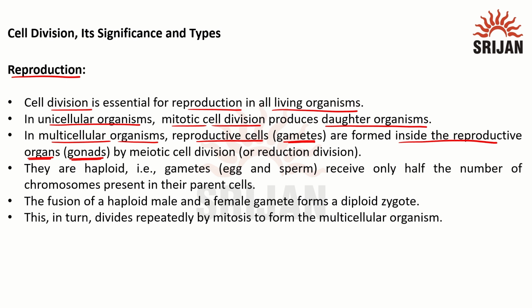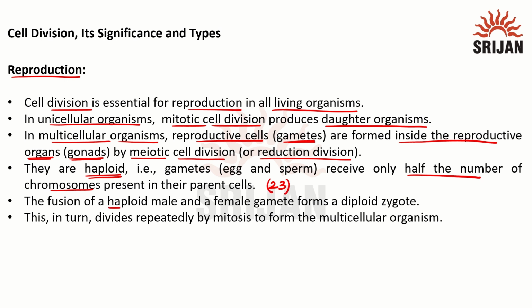The formation of gametes in the gonads needs another type of cell division, that is meiotic cell division, which is also known as reductional division. Now these gametes are haploid, that is they have a single set of chromosomes, and gametes only receive half the number of chromosomes. So if we take humans, 46 is the normal number, half of it is 23.